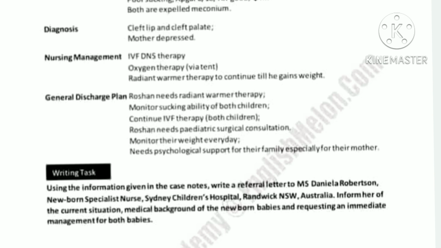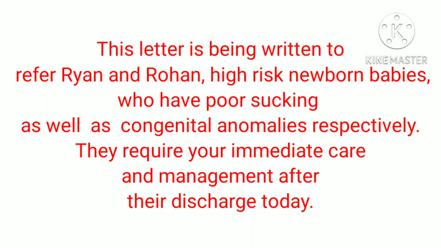So how can we write the introduction? This letter is being written to refer Ryan and Rohan, high risk newborn babies, who have poor sucking as well as congenital abnormalities respectively. They require your immediate care and management after their discharge today.